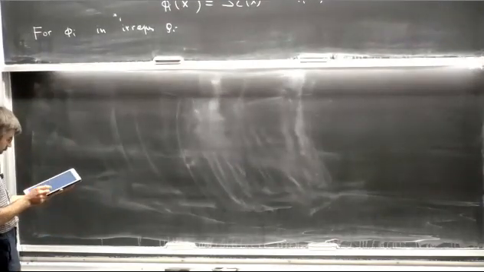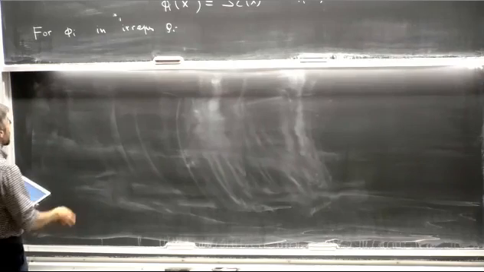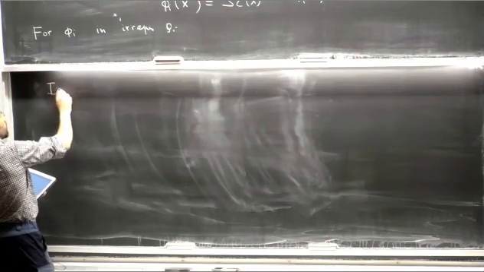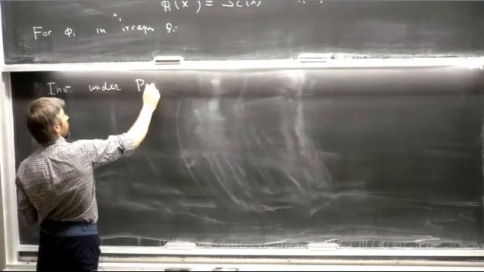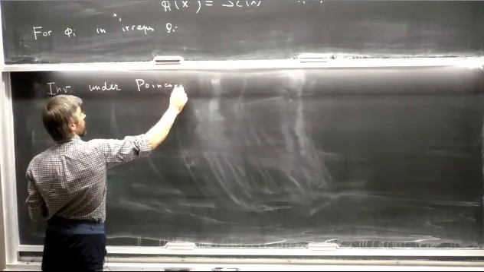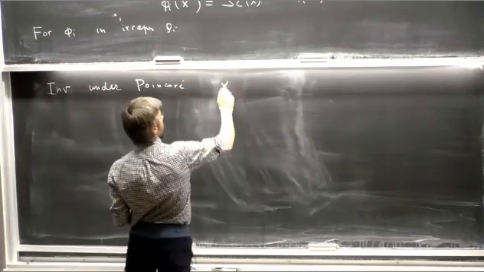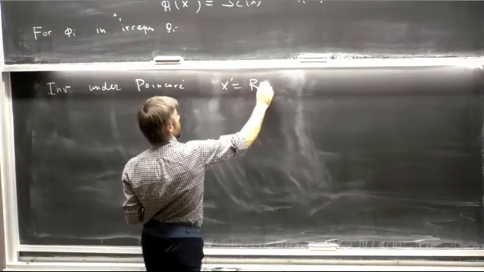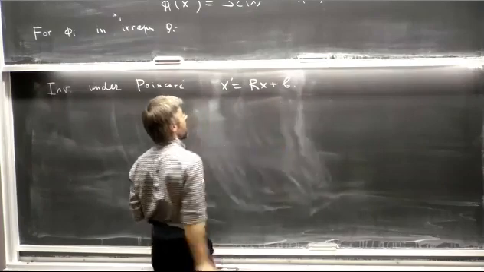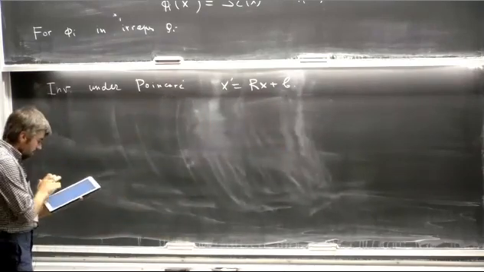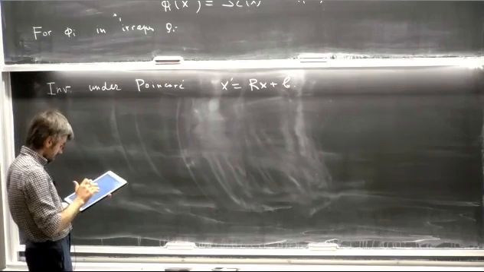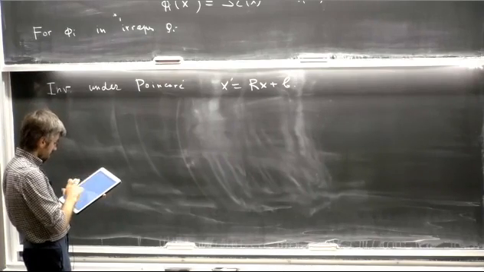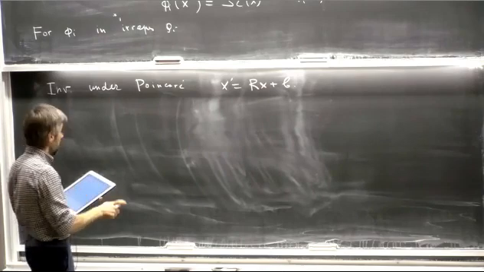For invariance under Poincaré, Poincaré means x prime equals Rx plus b with some constant matrix R. In this case, the transformation rule is very simple.